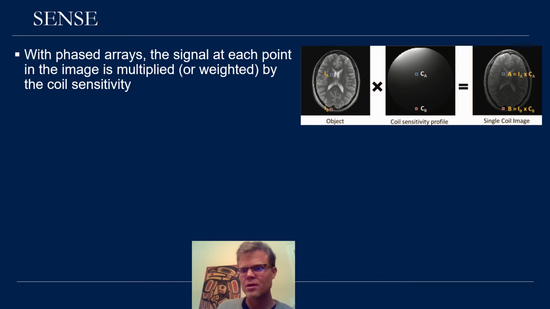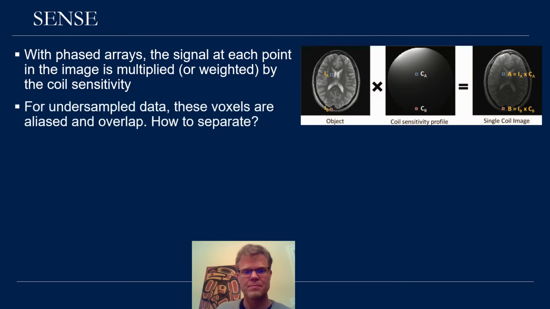What we get in our individual coil images is the multiplication of these transverse magnetizations at locations A and B, multiplied by the coil sensitivity profile, in this case denoted C, at these same 2 positions, and basically we get this shaded image that you see at the far right.